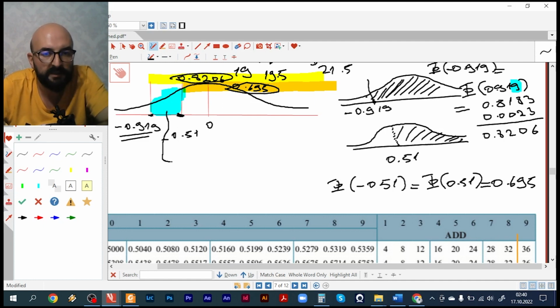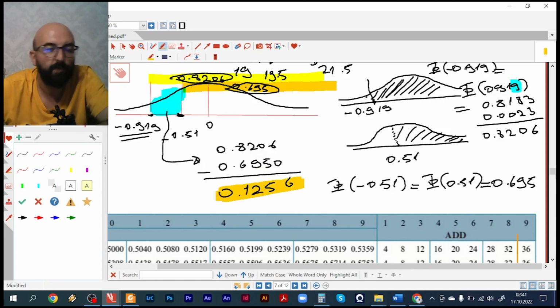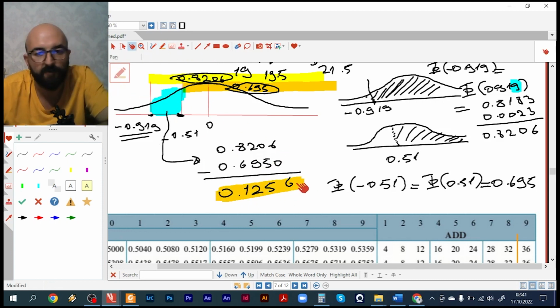So this area means 0.8206 minus 0.695, which gives 0.1256. So our result is 0.125, and maybe if we round the last digit, 0.126.